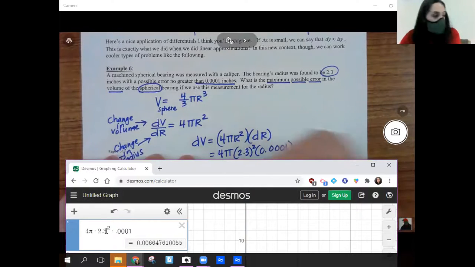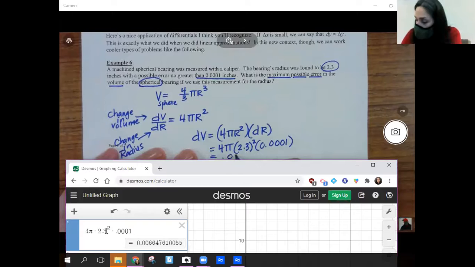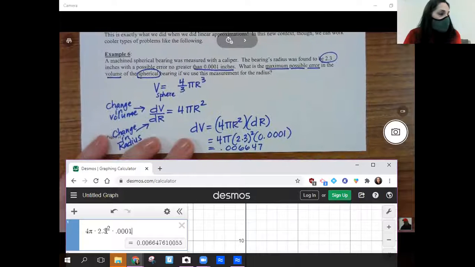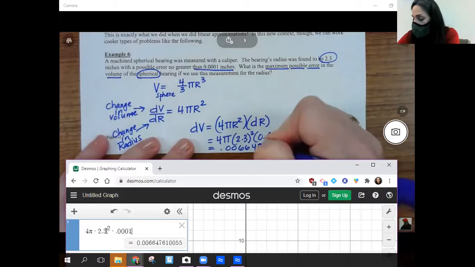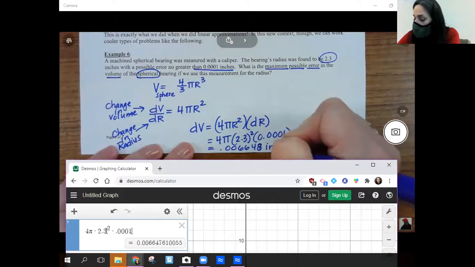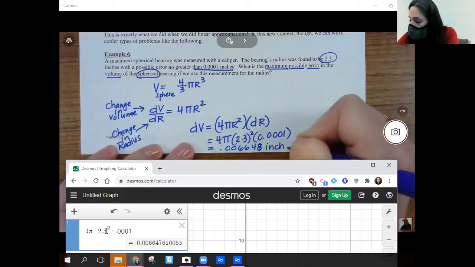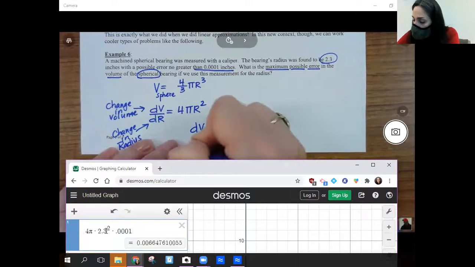So this comes out to be, I'm getting 0.006647. That's plenty of decimal places. Actually, if we wanted to stop there, I guess I would say 0.0066. And this is change in volume, so this would be inches cubed.